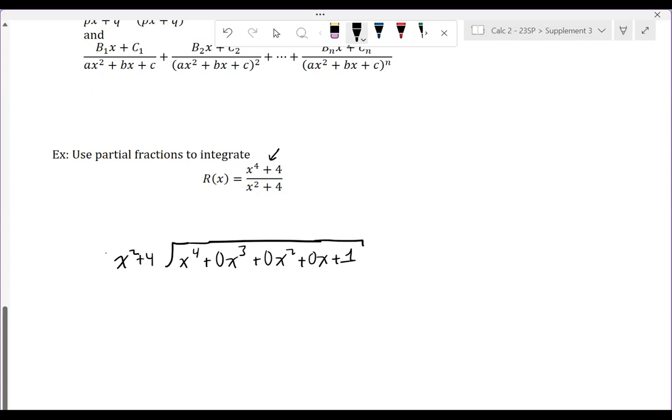Okay, so I'm going to do this division. x squared goes into x to the 4th, x squared times this gives me x to the 4th plus 4x squared, and I have a subtraction there.